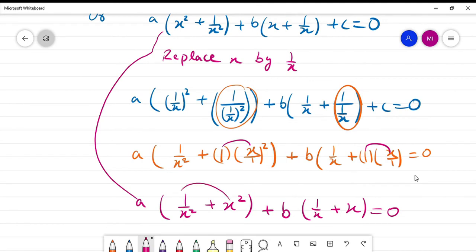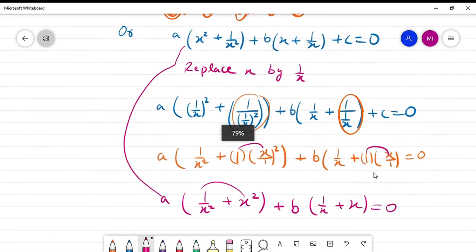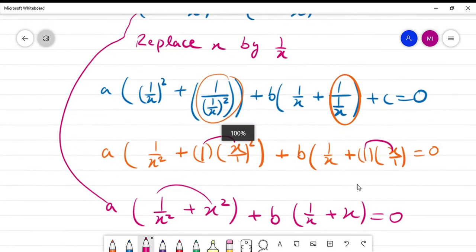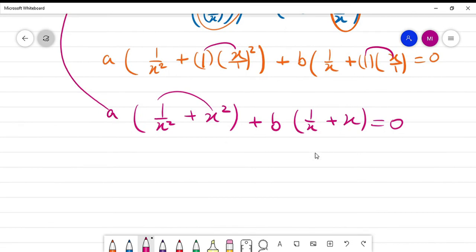You could rearrange this and you'd get exactly the same thing, but the order doesn't matter as long as it's the same, because they're equal. Anyway, we just proved that this is a reciprocal equation.